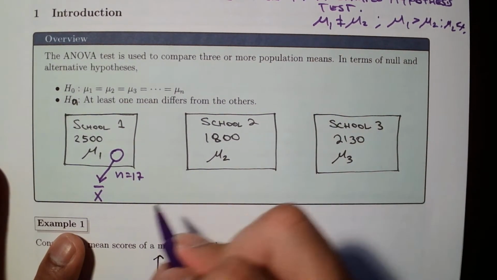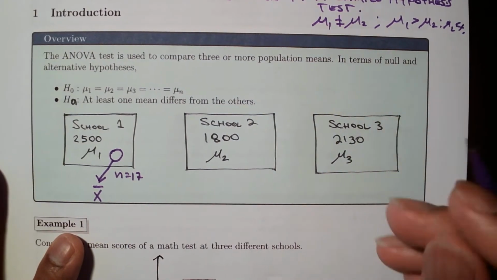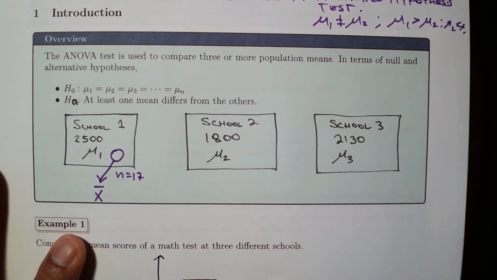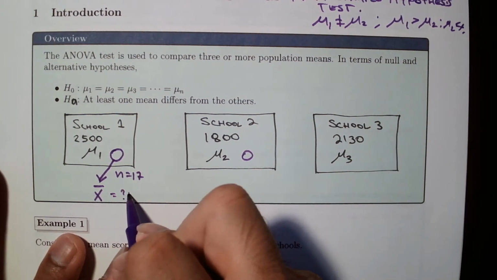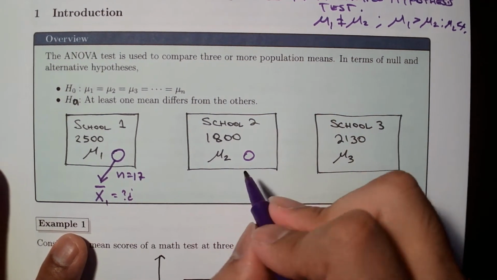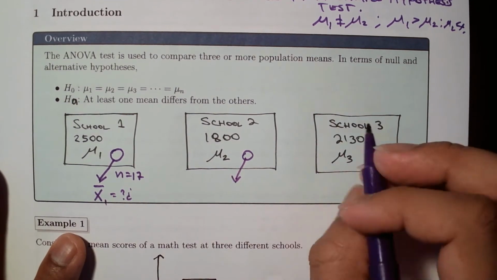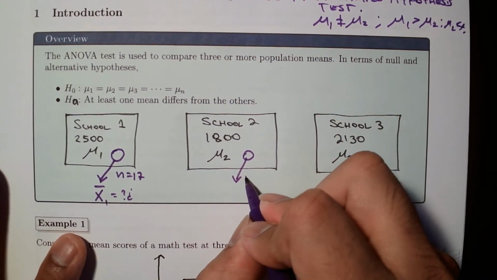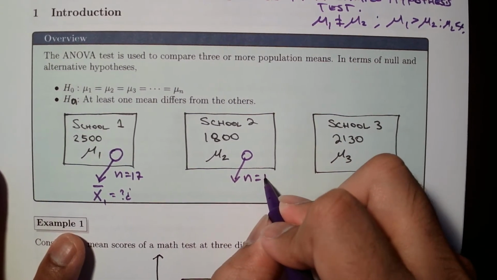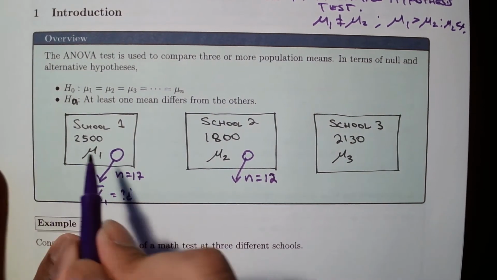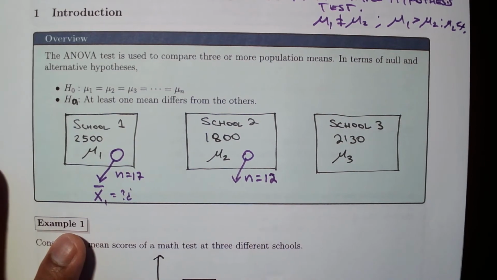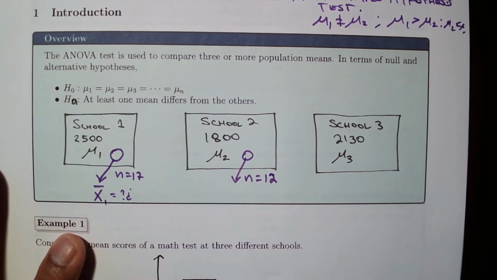We're going to go over a more visual example with numbers, actually. Then we're going to take a sample at the second school of n equals 12. By the way, the sample sizes from each population don't have to be the same.